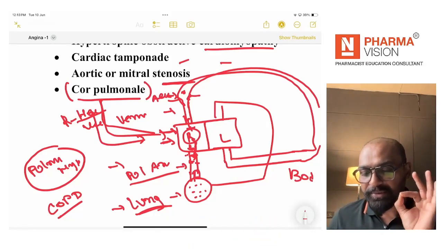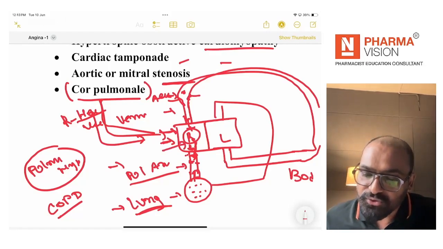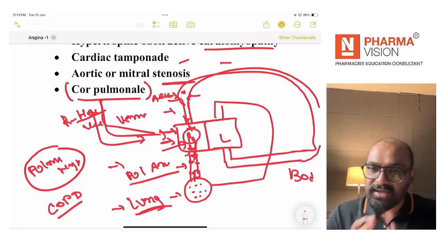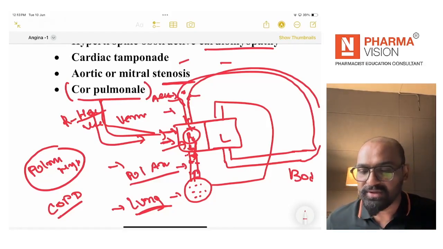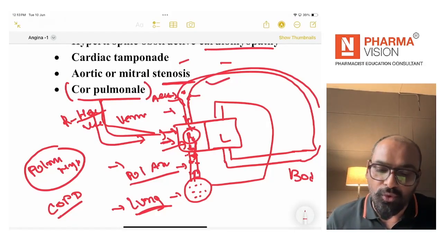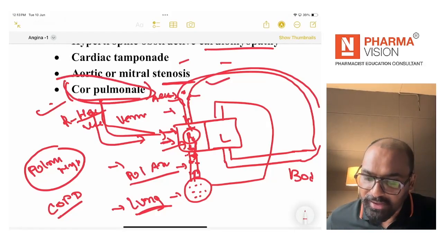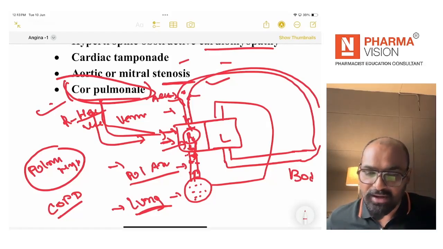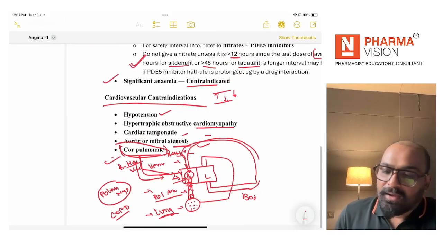All these symptoms are associated with right ventricular failure. In that situation, if we give nitrates and the veins dilate further, that causes more problems. Okay, so cor pulmonale is a lung-related right ventricular disorder. Perfect.